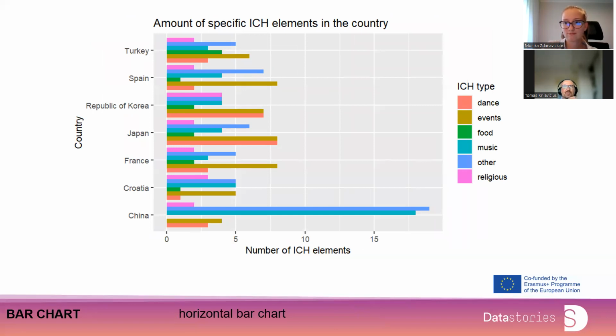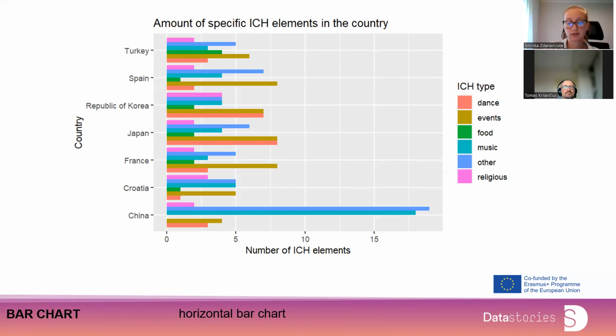But yeah, Monika, please. Yeah, so it's the same ICH elements in the same countries, but they are grouped into types. So ICH elements are grouped into dance, event, food, music, religious ICH elements, and other that are not assigned to any of these types. As we can see, the highest bar is in China and it's called other.